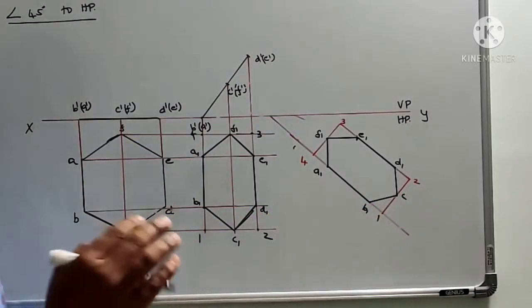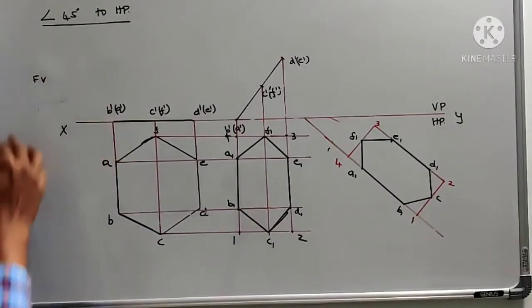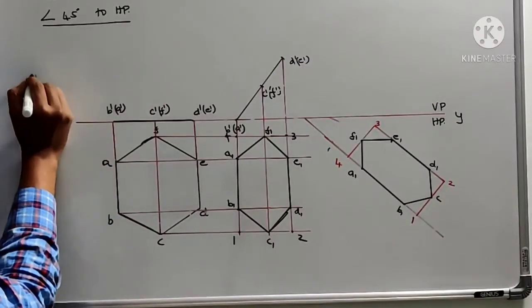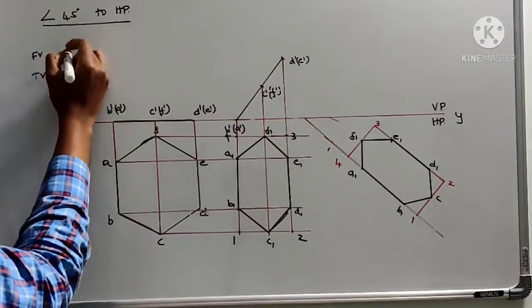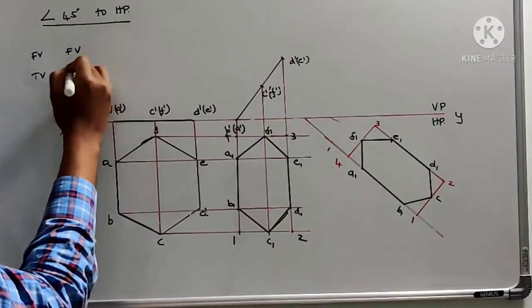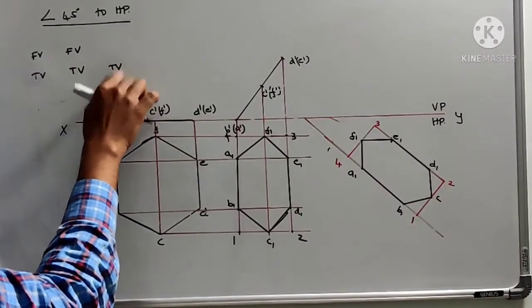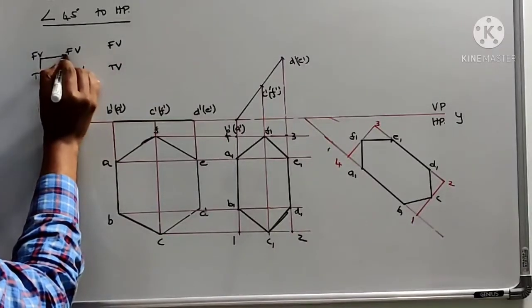See, look at this, how the sequence is going. First you draw the top view in the simple position, then the front view in the simple position, then you draw the front view in the second position, then the top view. Then you draw the top view in the final position, then you draw the front view.